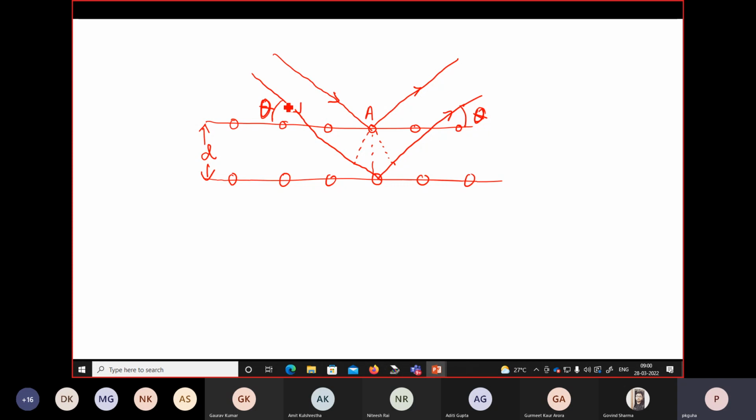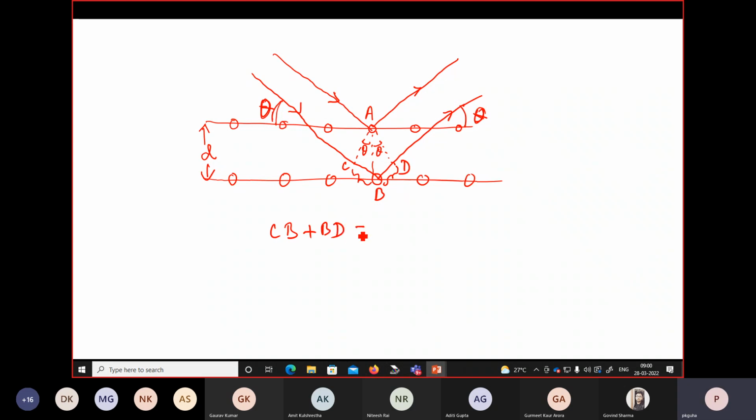If this angle is theta, this one will also be theta. So what is the extra path the second line travels compared to the first line? This is the extra path: CBD, so CB plus BD is the extra path.